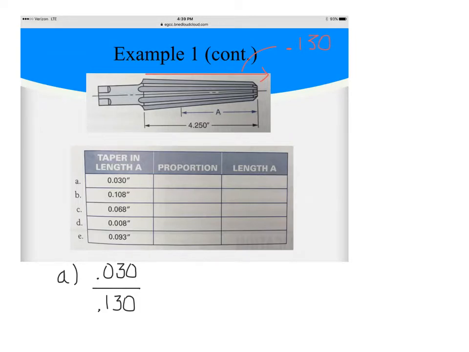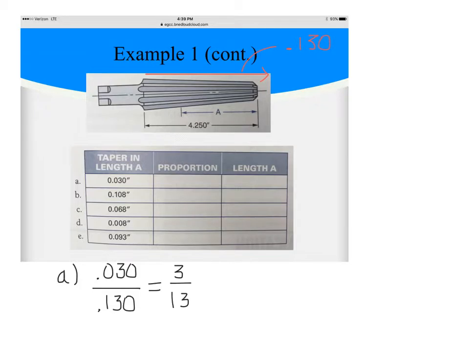So if we convert that to a fraction by dividing 0.030 by 0.130, we get 3/13. So basically, if the amount of taper in this length A is only 0.03 inch, that's 3/13 of the total amount of taper.